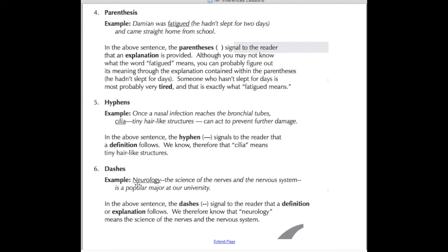Also, dashes can help. Neurology, the science of the nerves and nervous system, is a popular major at our university. In the above sentence, the dashes signal to the reader that a definition or explanation follows. We therefore know that neurology means the science of the nerves and the nervous system.